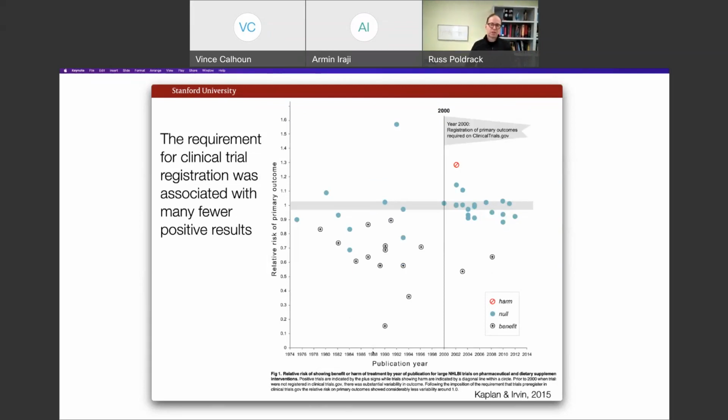So the majority of studies claimed that their treatment was beneficial. None of them claimed that it was harmful, which is what above 1 means. Whereas once those outcomes had to be registered, now nearly every study finds a null effect. A couple find a positive, one finds a significant negative, harmful effect. So this shows that it isn't as if medicines just stopped working in 2000, right? People stopped being able to make it look like their medicines worked by fudging the primary outcomes.